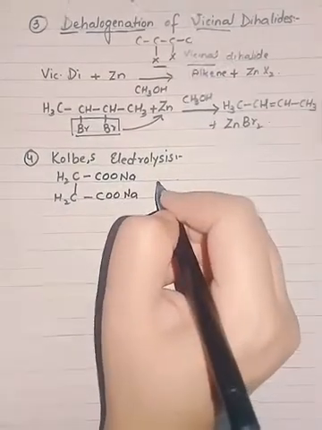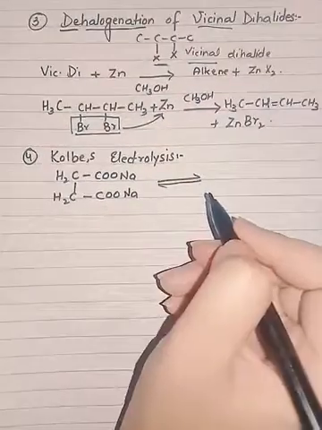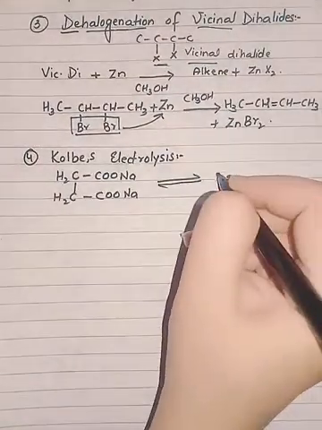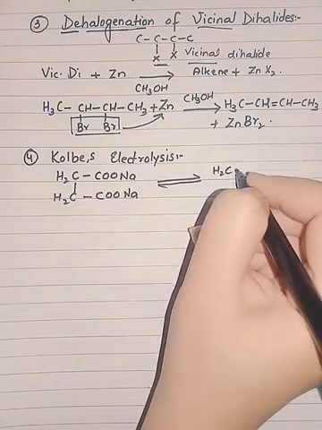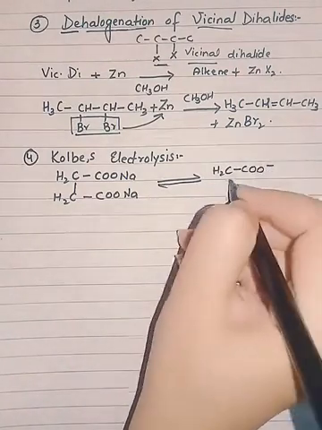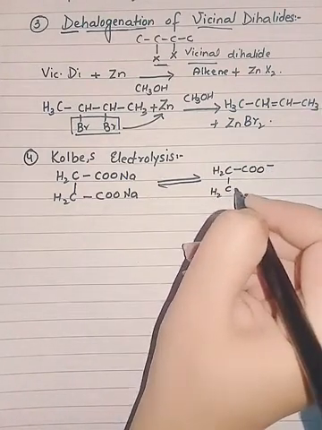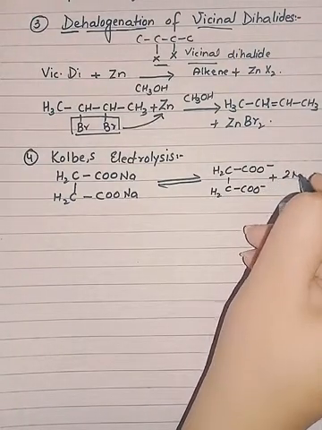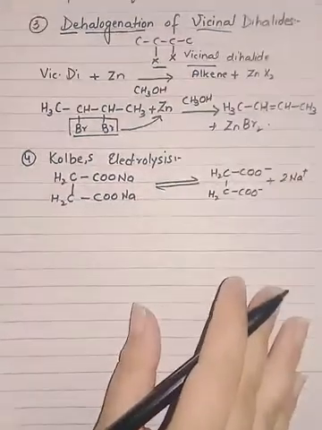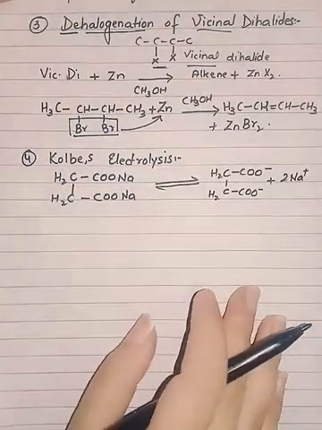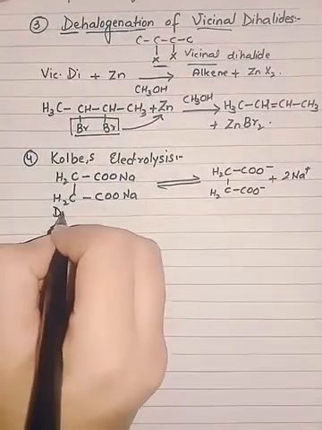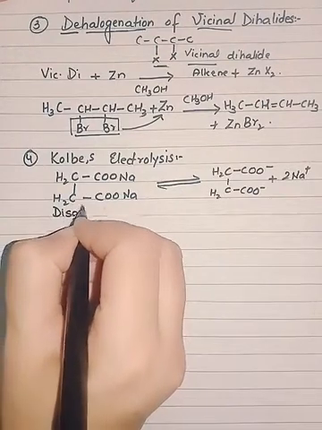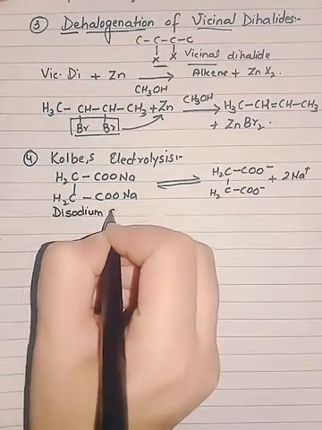It will ionize in aqueous medium to give anions and cations. 2 sodium ions will be the cations. This is disodium succinate.